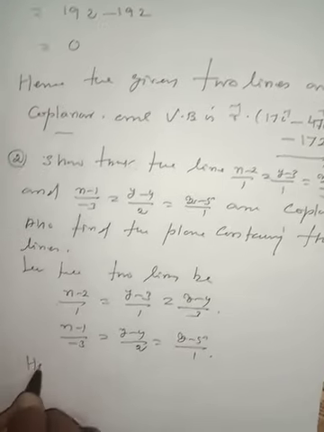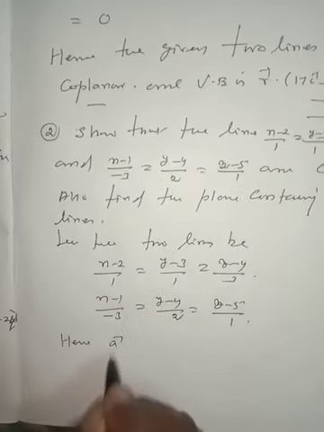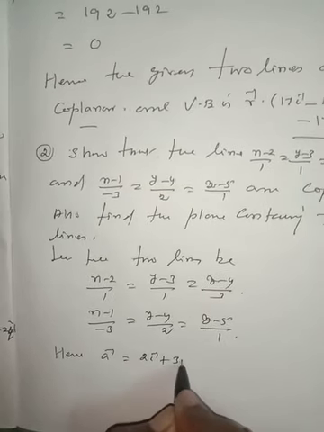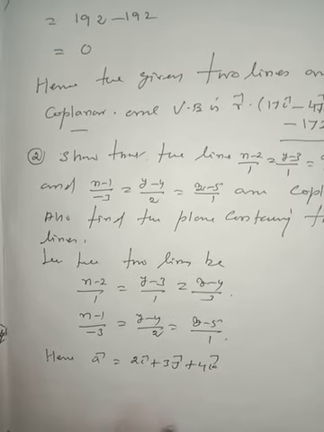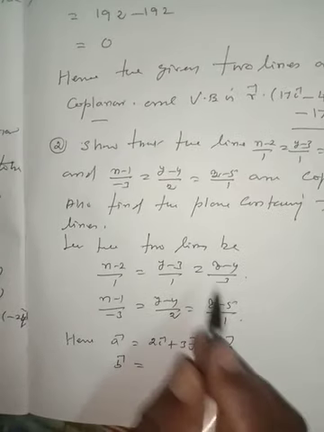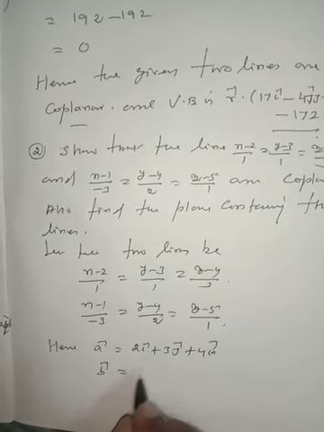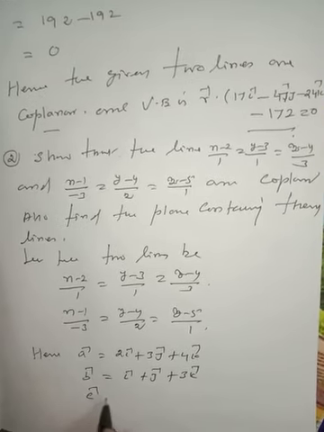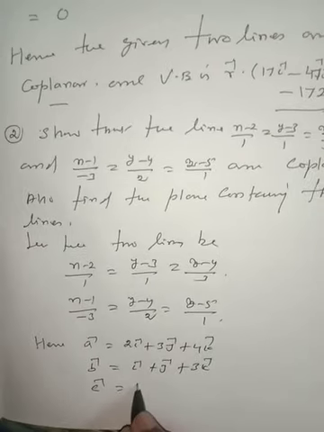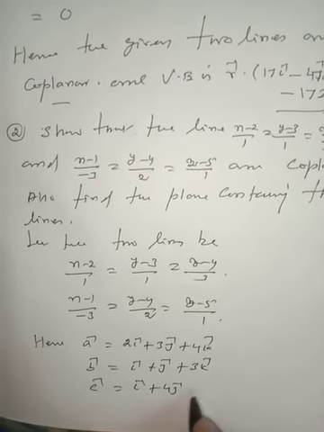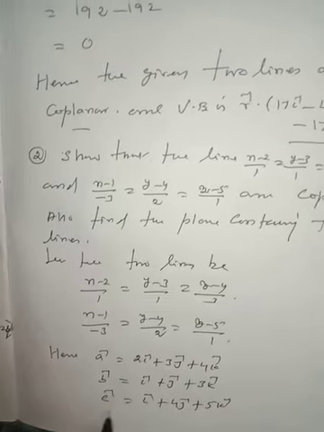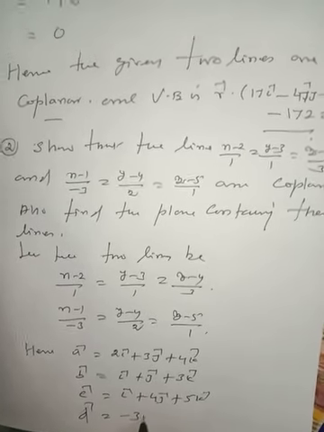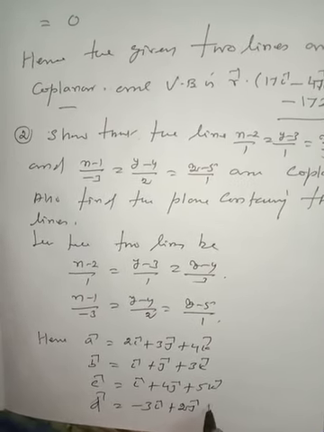Here a vector is the first line numerator, 2i plus 3j plus 4k. b vector is the first line denominator, i plus j plus 3k. c vector is the second line numerator, i plus 4j plus 5k. d vector is the second line denominator, minus 3i plus 2j plus k.